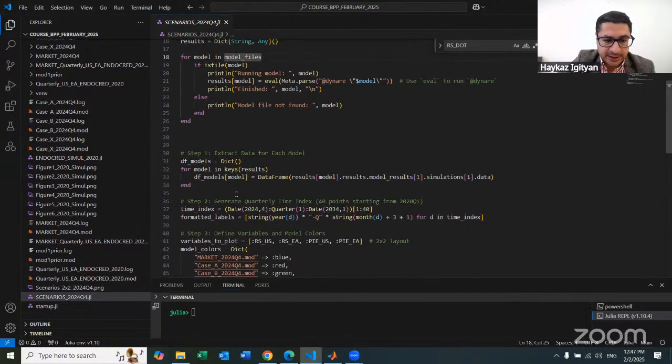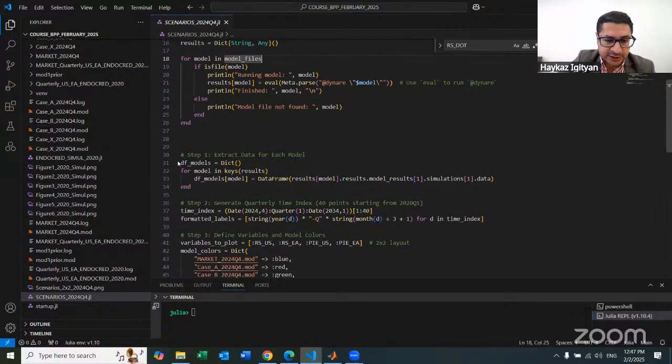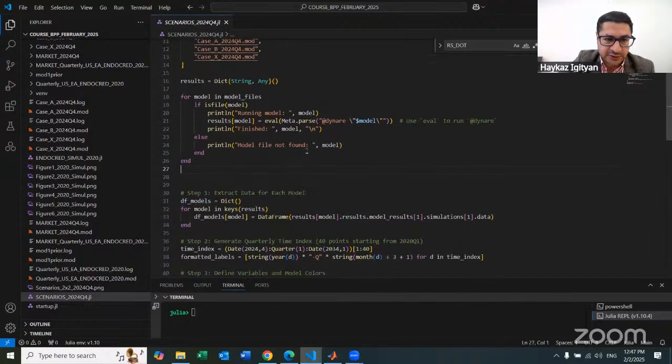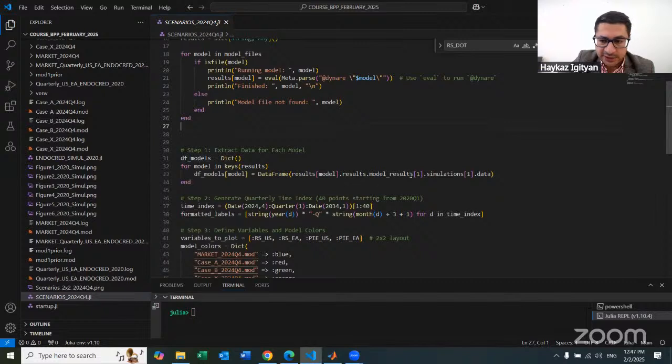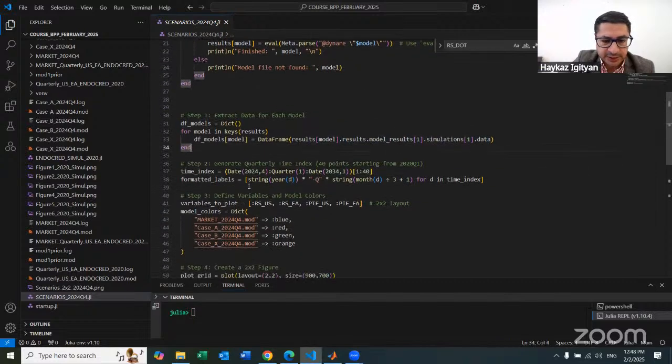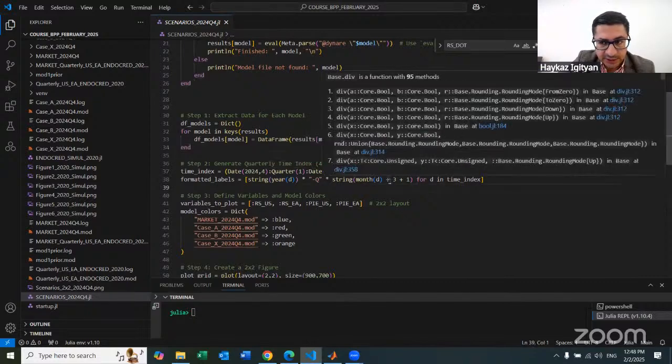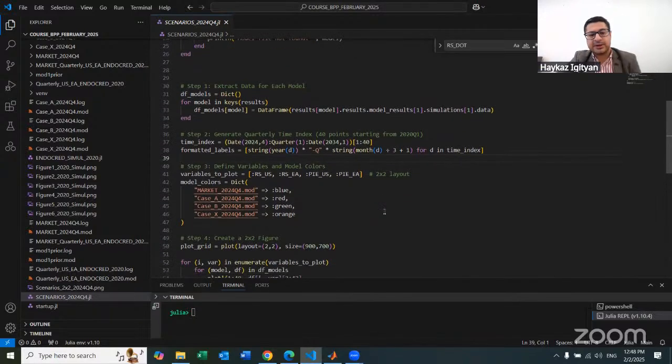And then, you remember this DF, but here DF underscore for models, for each we are saving these simulation results. Again, the link to the simulation results. And we constrain the time index here. In this particular example, our initial condition is the fourth quarter 2024.